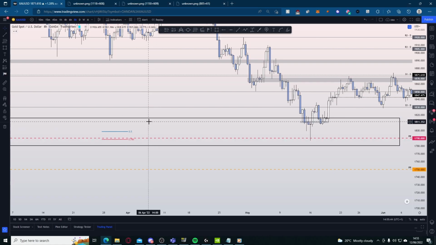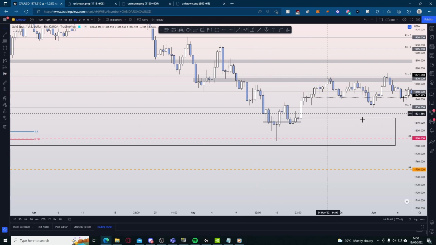We had 3 taps, at 20%, 50%, and then 80%. So this really shows that there is a high probability chance of gold making a move around this area because there is a strong buyer presence.